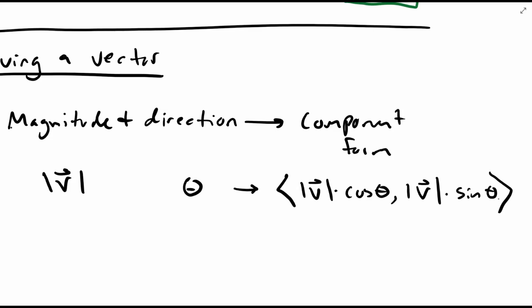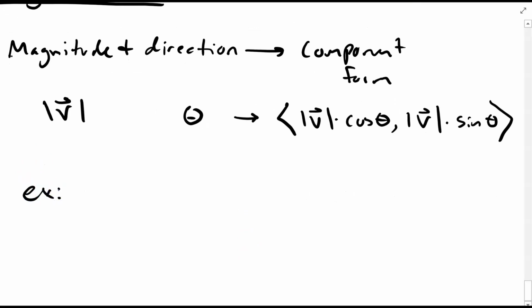And this completes our ability to go back and forth, right? We just talked about the two ways to retrieve the magnitude and direction from something in component form with the previous two examples. And with this formula now we can go from magnitude and direction into component form.